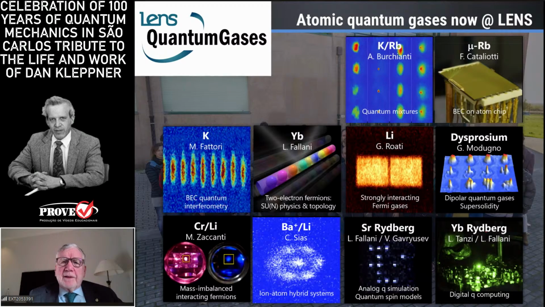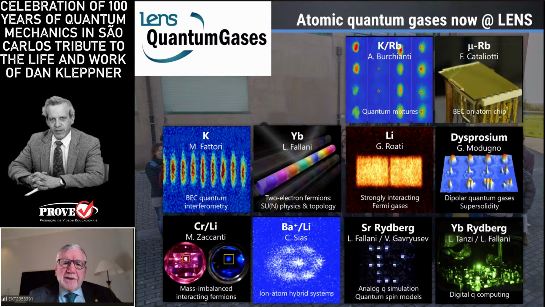In particular, if you go to lithium, this is under Giacomo Roati. Lithium also has a Feshbach resonance, and then you can go from a fermionic gas to a Bose-Einstein condensate or coupled fermions to a Fermi superfluid.